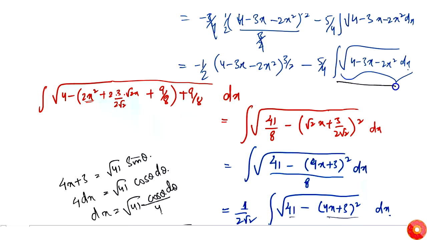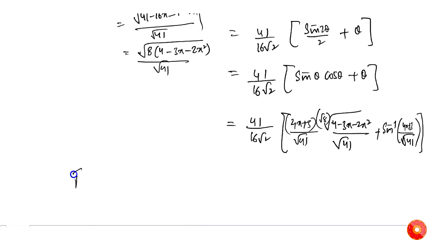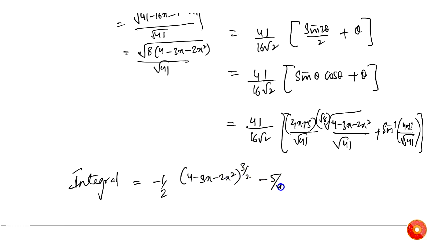So I'll write it here and I'll get the whole integral as equal to minus half into 4 minus 3x minus 2x square whole power 3 by 2, minus 5 by 4 into, if I send these two things inside, it will become 4x plus 3 into, this 41 gets cancelled, root 8 into this thing, so this will be 2 root 2 get cancelled, so this will be simply 8.